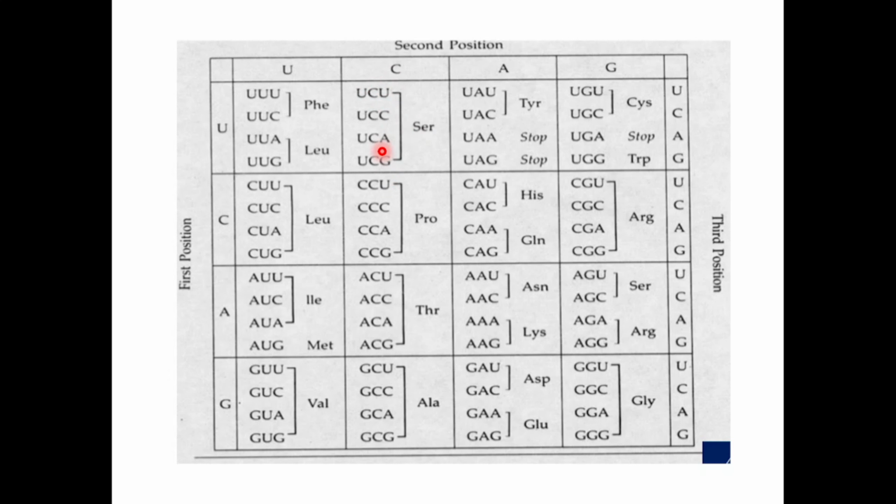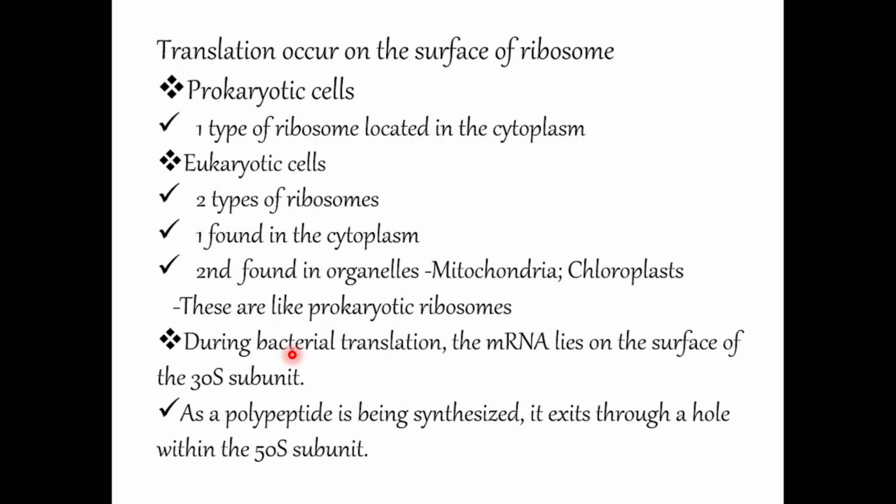So it is degenerate. Most amino acids have more than one codon. There are 64 combinations. From those 64, 61 code for protein. The rest, 3, are stop codons.